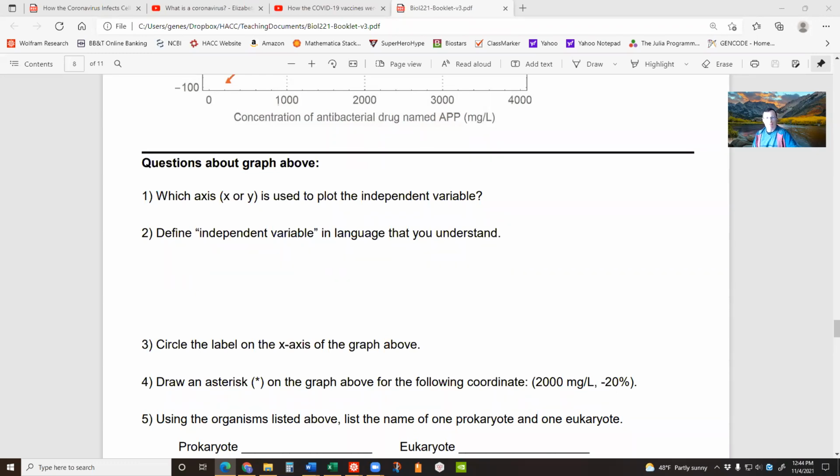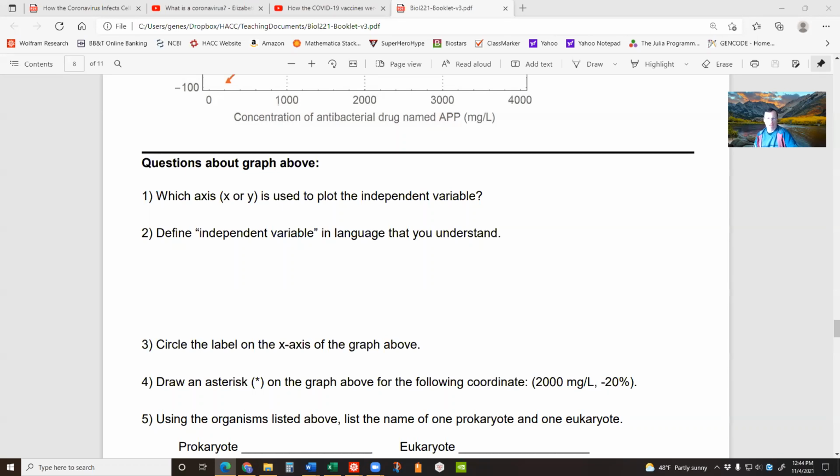The variable causing change on the other variable, very good. The variable that is the same for each sample. The variable that changes. Dallas, that's a little bit of a weak definition. Definitely look at some of your classmates there. The independent variable is the thing that is getting changed or manipulated.